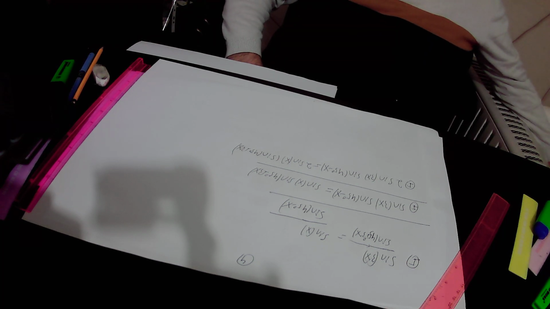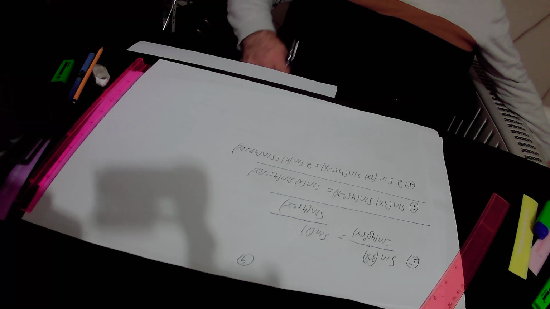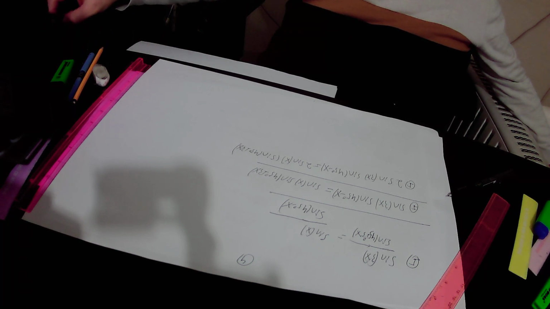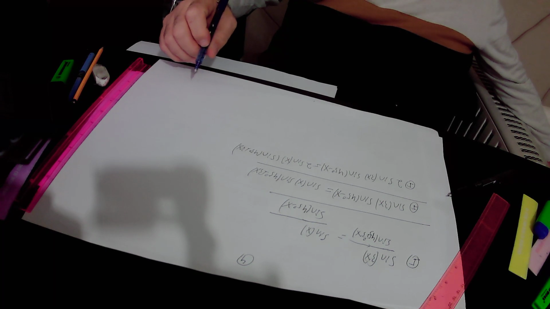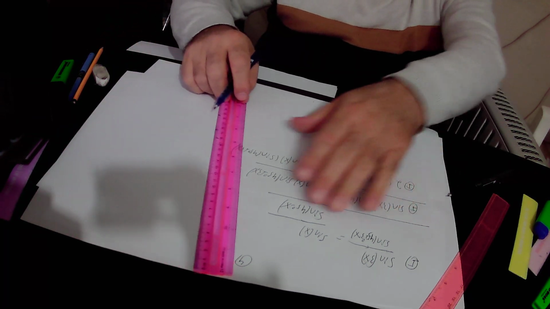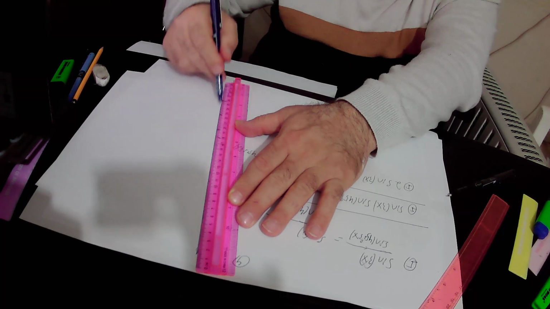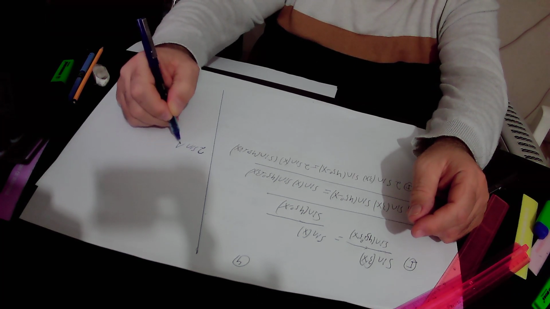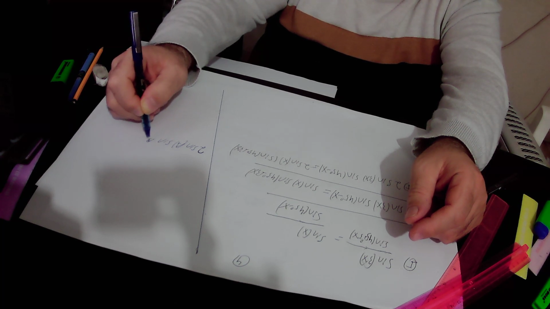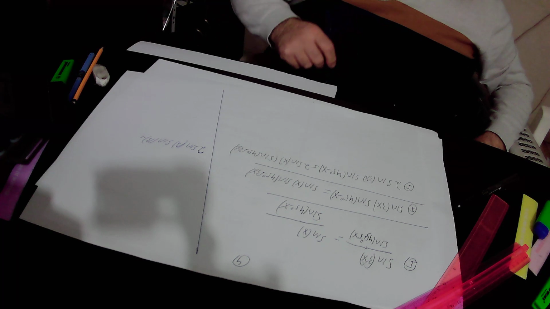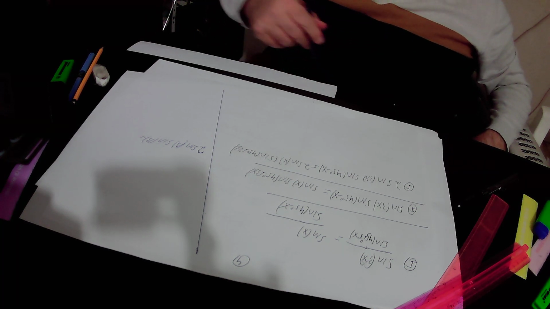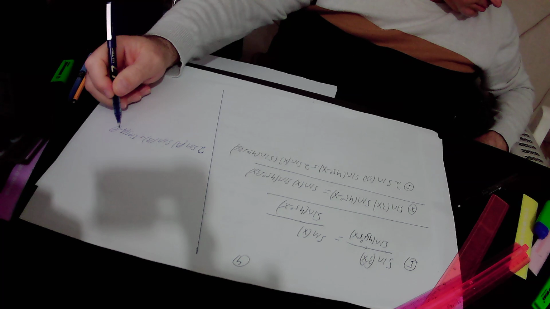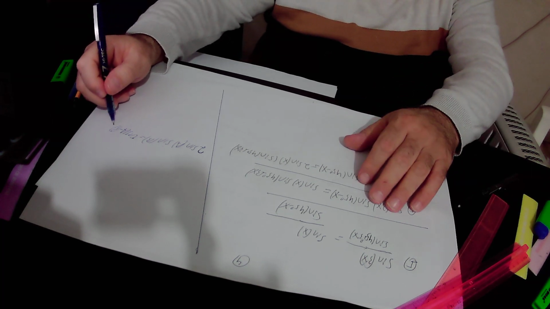So here we will use the trigonometric identity that 2 sine A sine B equals cosine A minus B minus cosine A plus B.